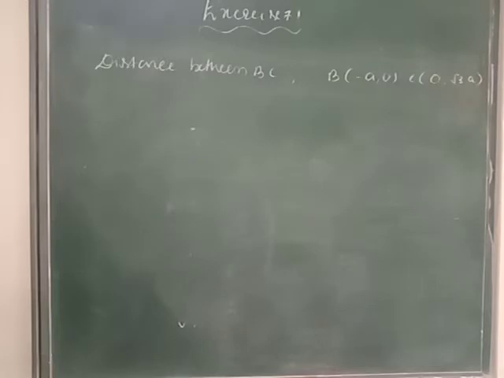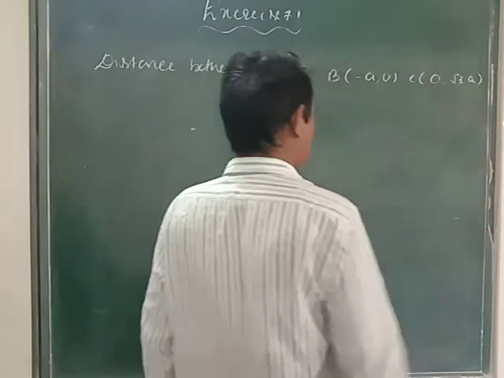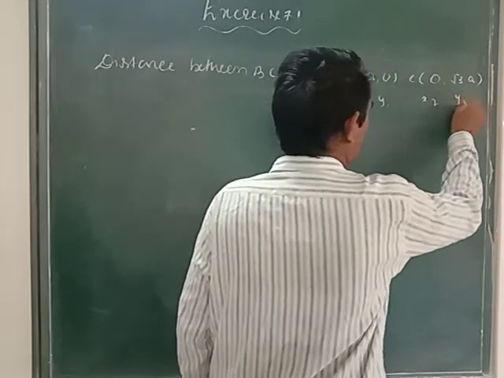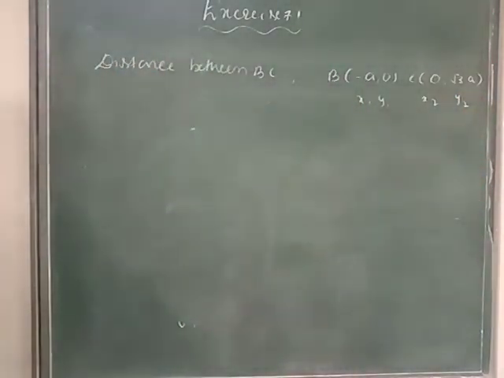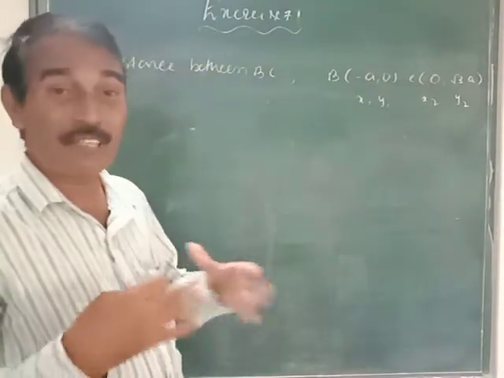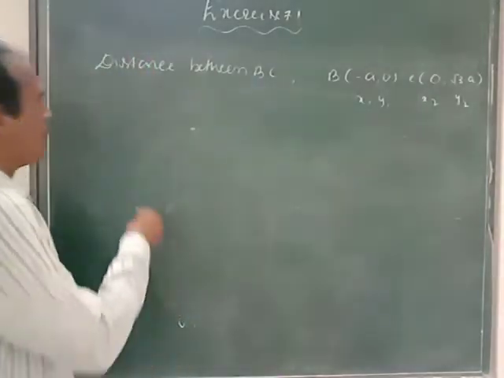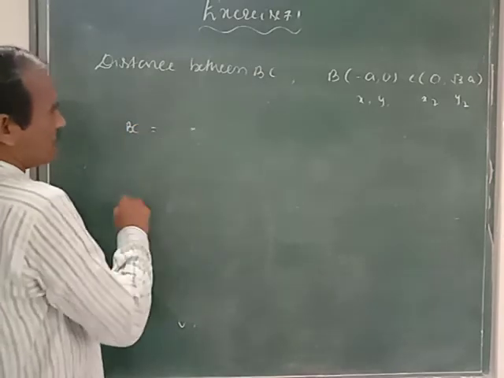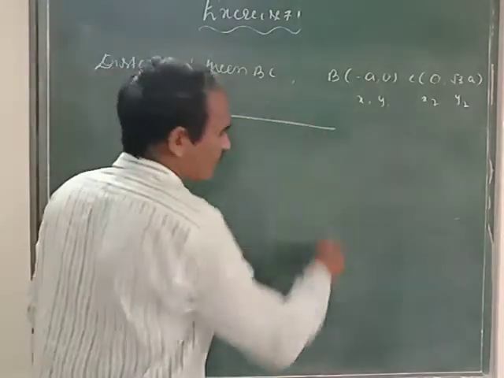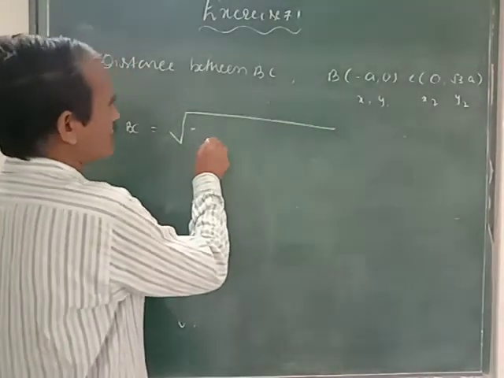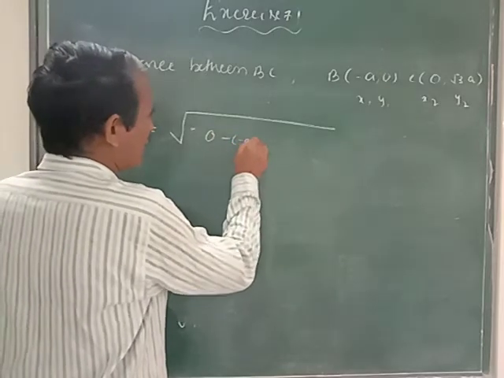Now find the distance between BC. What is B value? Minus a, 0. And C is 0, root 3a. Root 3a is given, change it as root 3 into a. This is x1, y1, x2, y2. Now what is the formula? Root over (x2 minus x1) whole square plus (y2 minus y1) whole square. That will frequently come. Now BC: x2 minus x1, 0 minus of minus a, whole square.